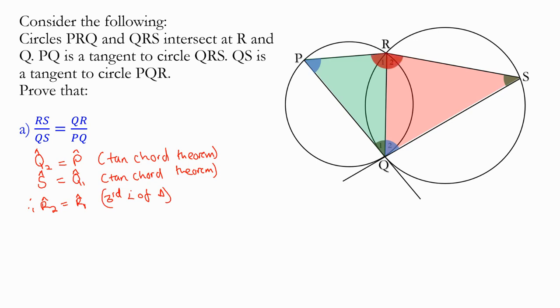Now we have proved that we have three pairs of corresponding angles being equal. So now we can conclude and say, therefore, triangle QRS is similar to triangle what?